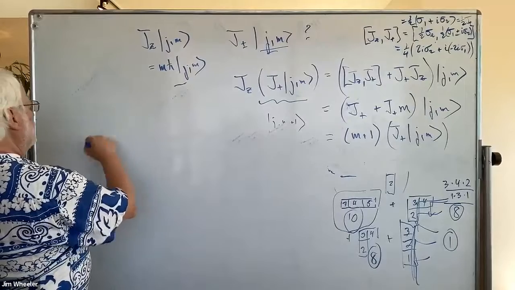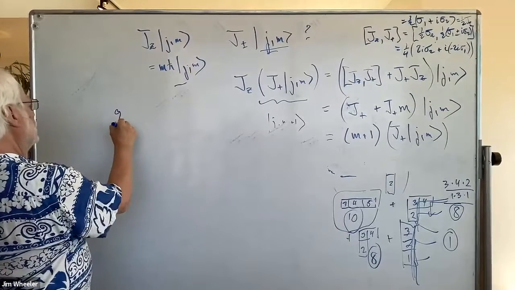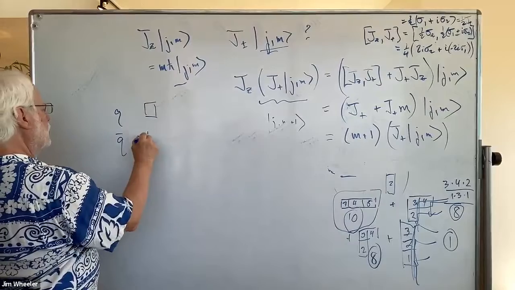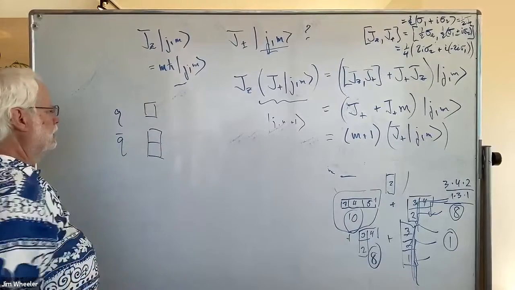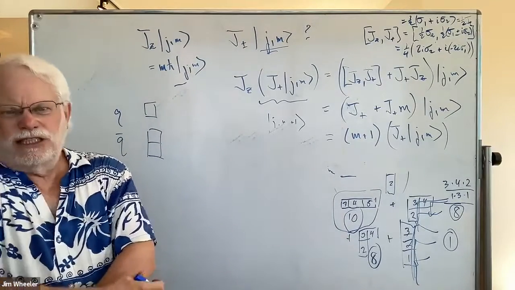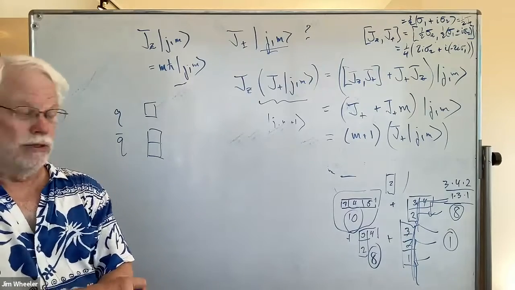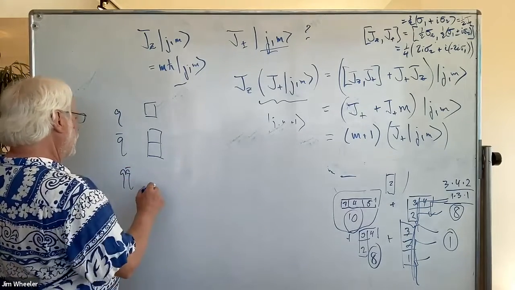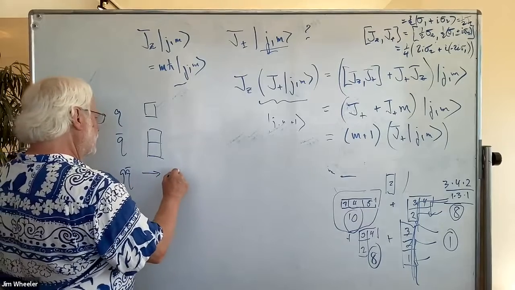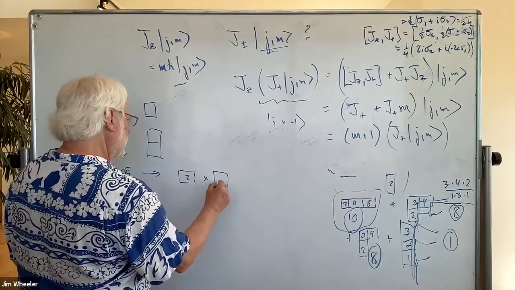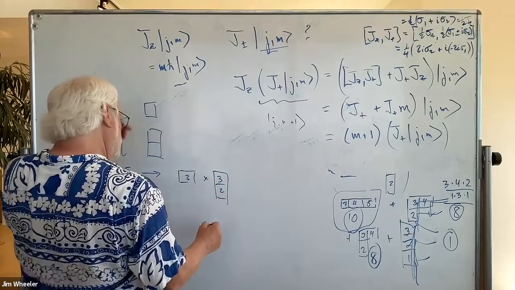So if we have a quark, we're going to write that as a box. If we have an anti-quark, we're going to write that as an anti-symmetrized pair of boxes. And this works. So let's just do it. A meson, a QQ bar pair, means we're going to take a 3 and a 3 bar.